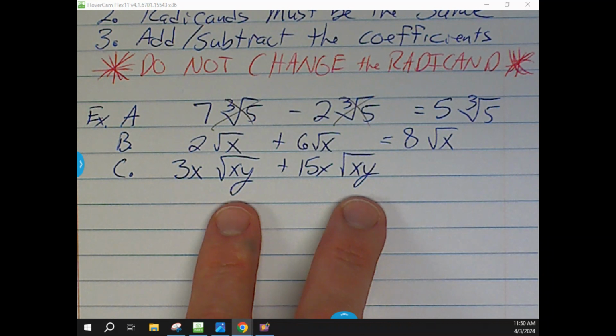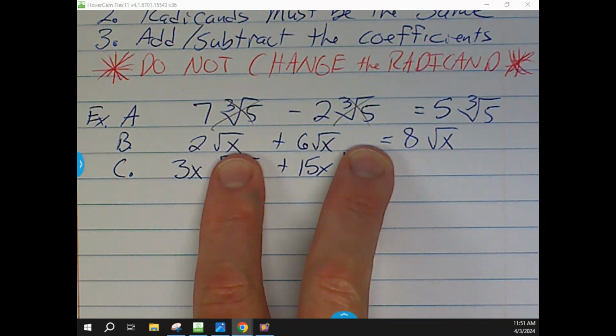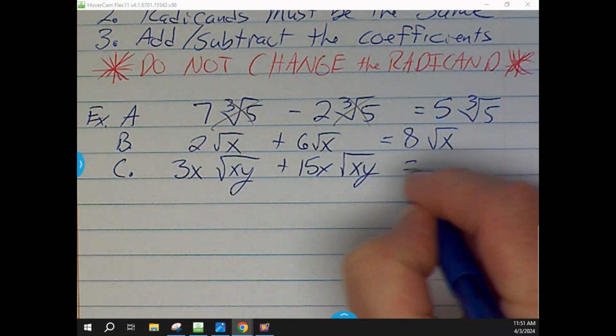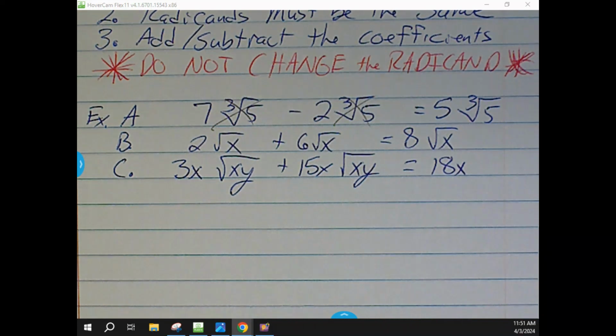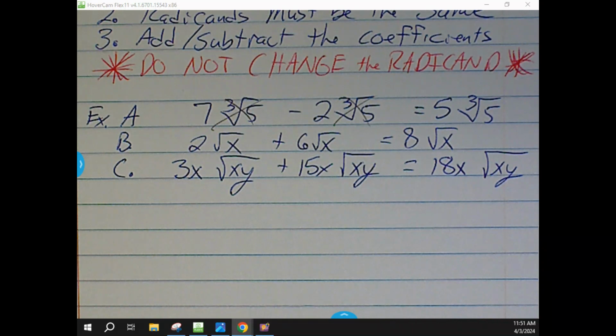Again, if they're exactly the same, you basically just get to ignore that and just look at the numbers. It's 3x plus 15x, and that would be 18x. Remember, it's not 18x squared. If you're adding and subtracting, you just add the numbers. You don't really do anything to the variable part. So it's 18x, and then you just stick the square root part on the end of it there.